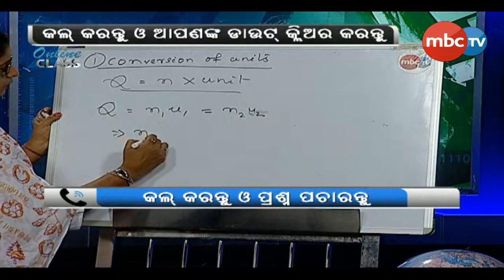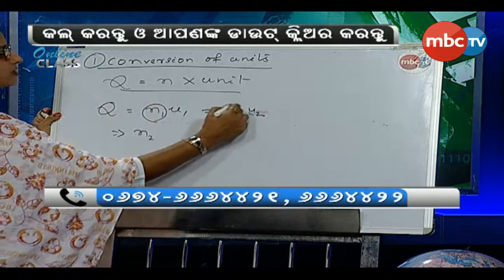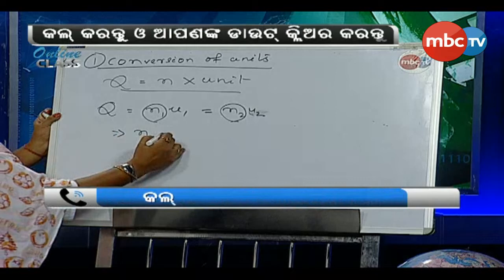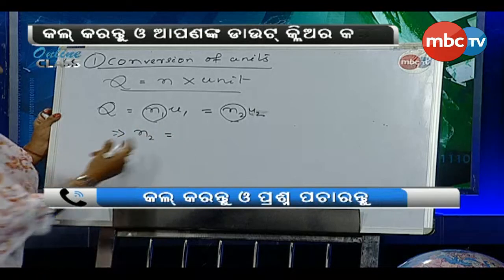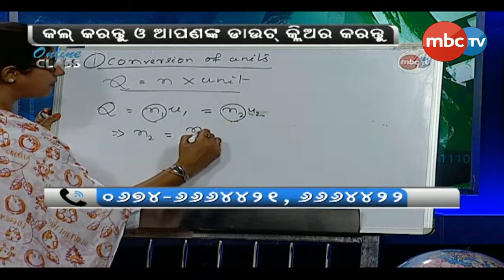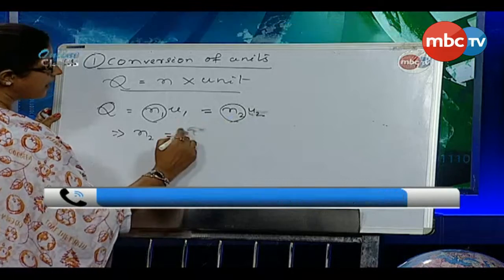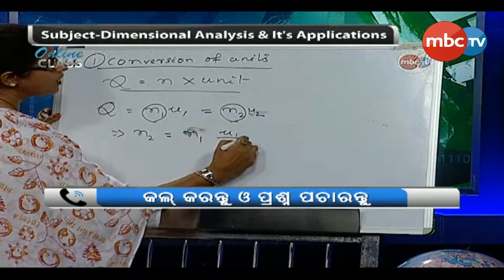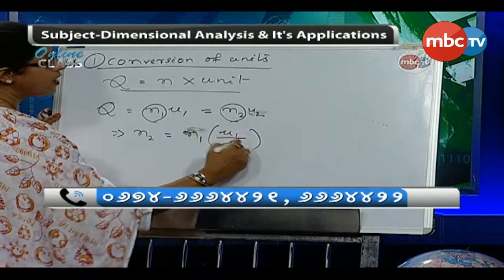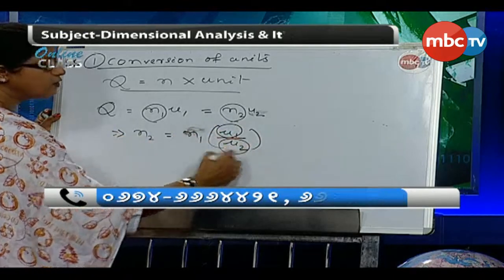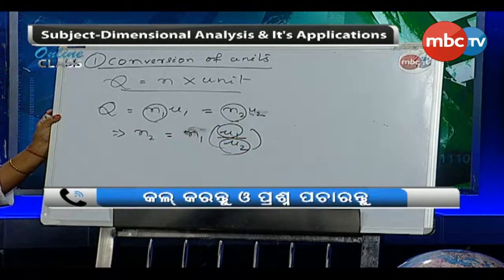N1 is known to you, N2 is unknown to you. You are interested to calculate this. So, N2 will be written as N1 U1 upon U2. Now, U1 is one system, U2 is another system of unit.